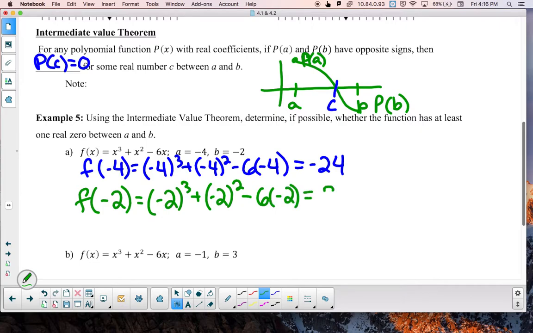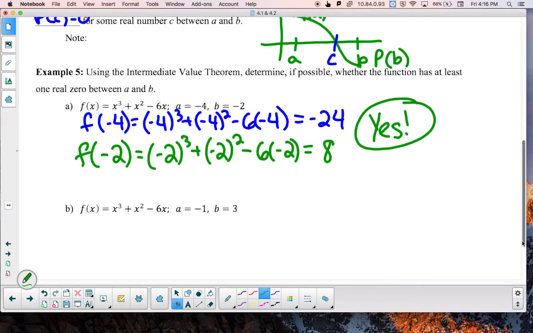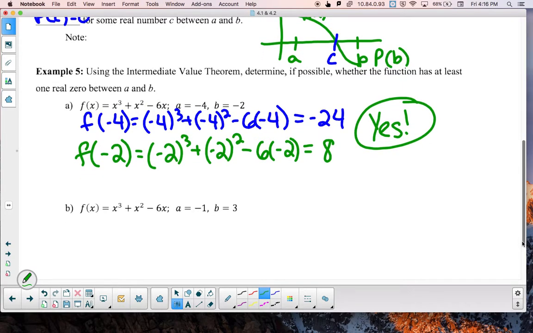This would be a positive 8. Because they are opposite signs, we have a 0 between negative 4 and negative 2. It might be negative 3, but it doesn't necessarily have to be exactly in the middle. It just means that somewhere in between negative 4 and negative 2, we have a 0.